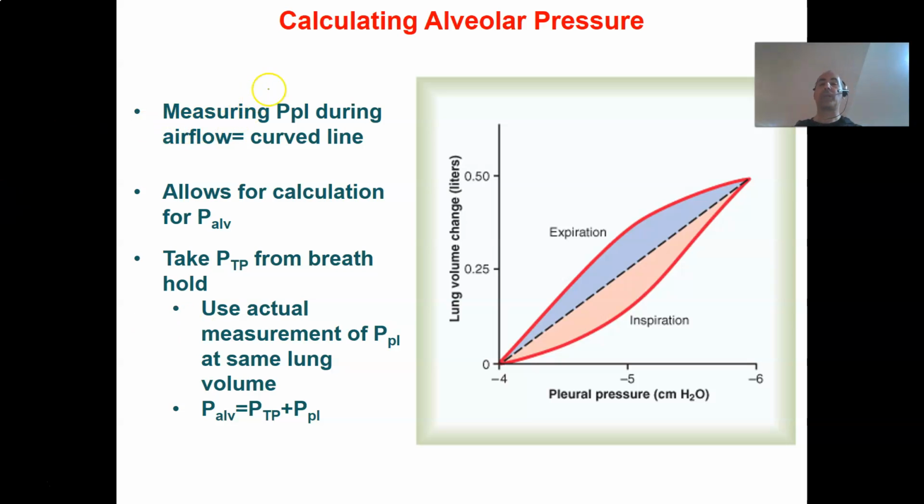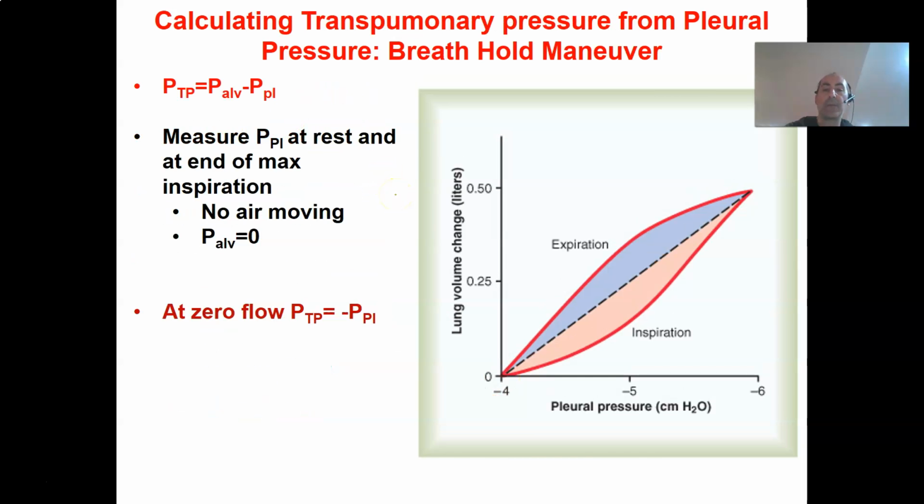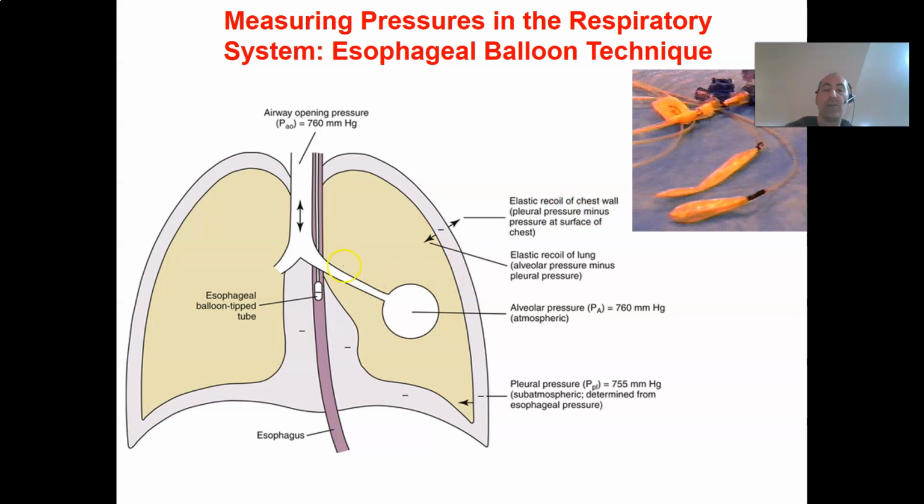So, calculating alveolar pressure. If you measure the pleural pressure using that balloon, this balloon allows you to measure pleural pressure. So the pressure in here and the pressure in here are going to be the same. Because of that, if this is a -5, then what you will be measuring at this balloon will also be a -5.